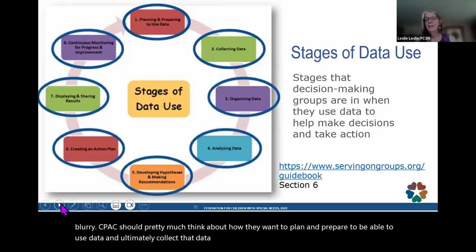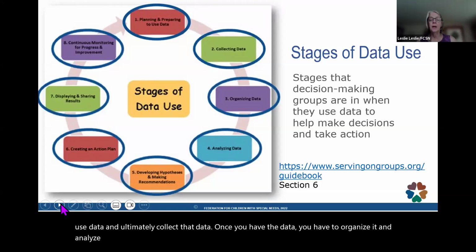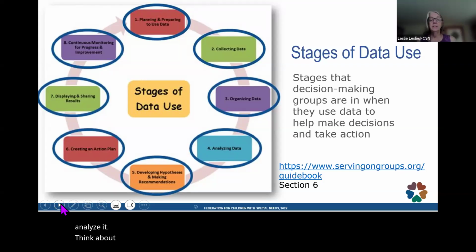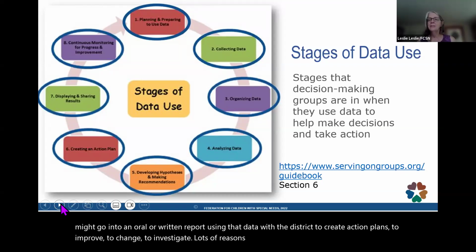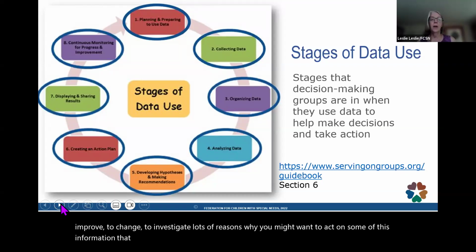Once you have the data, you have to organize it and analyze it and think about it. You may develop hypotheses or make recommendations based on that data that might go into an oral or written report. Using that data with the district to create action plans, to improve, to change, to investigate, lots of reasons why you might want to act on some of this information that you're gathering and learning about.